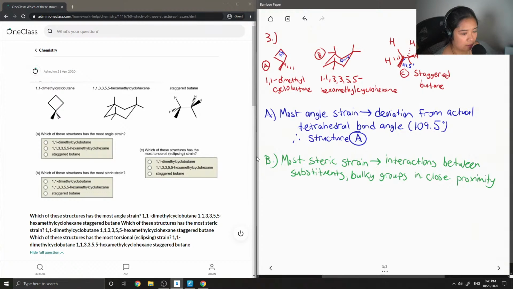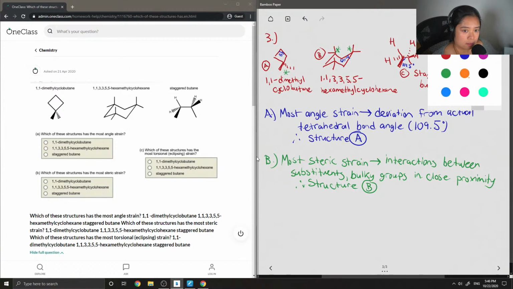Okay, so if you look at all of our structures, there's some steric hindrance here, but if you look at B, it has all these methyl groups kind of pointing out. So therefore structure B has the most steric strain. And you can already see with the staggered butane that there's not much strain on it. So the answer for B is structure B.